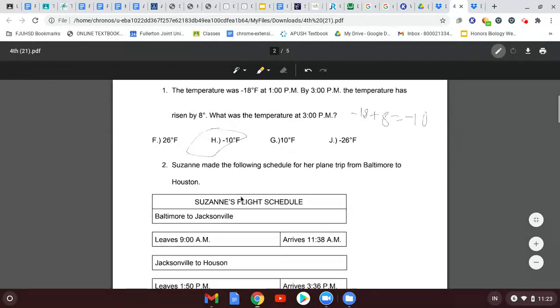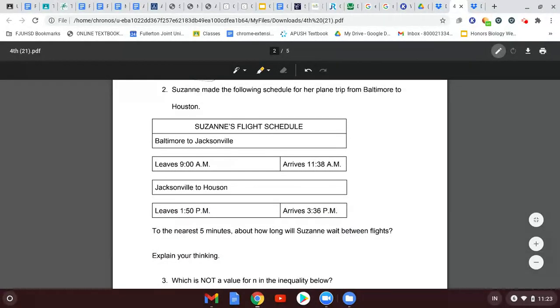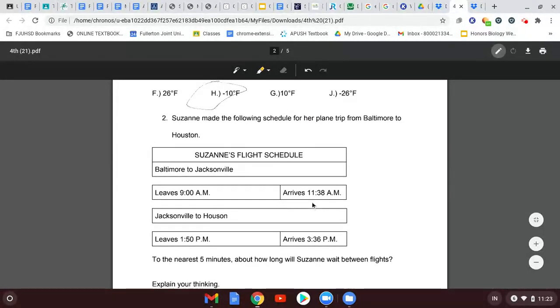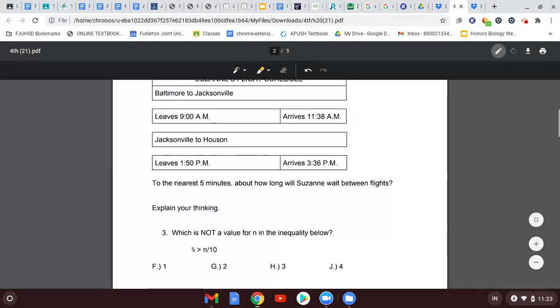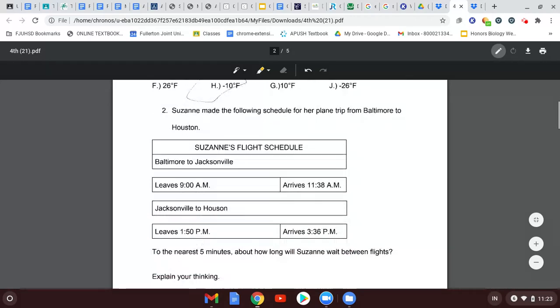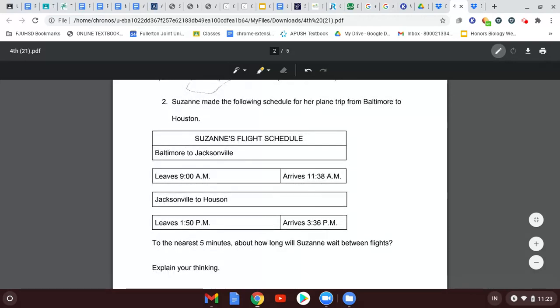Suzanne made the following schedule of a trip from Baltimore to Houston. About how long will Suzanne wait between her flights? Okay. So how long will Suzanne wait between flights?